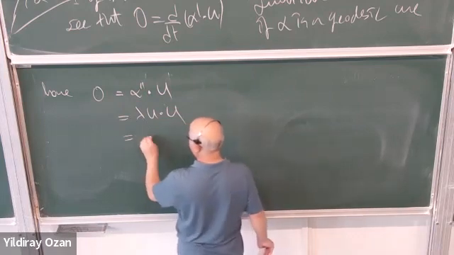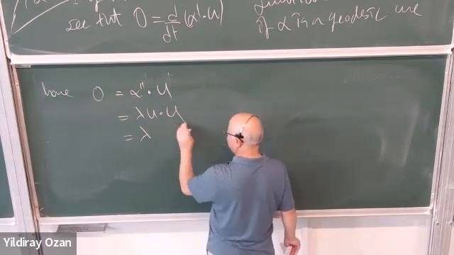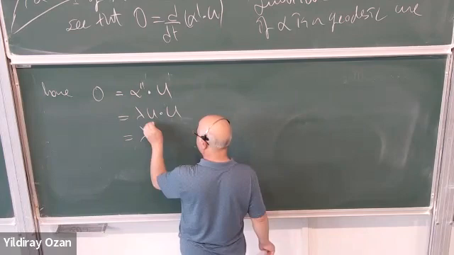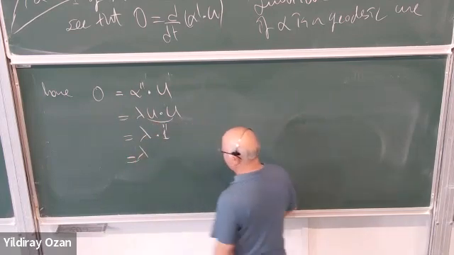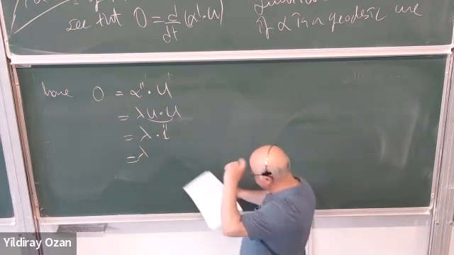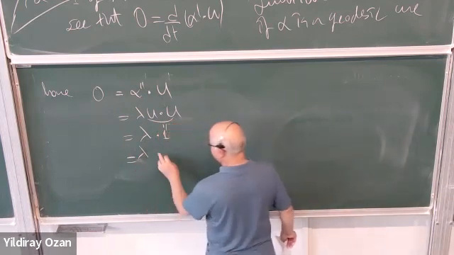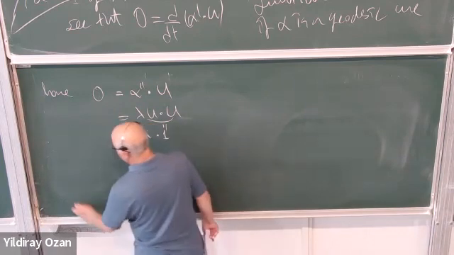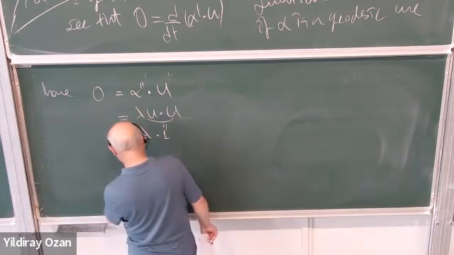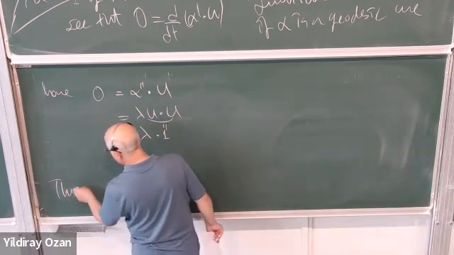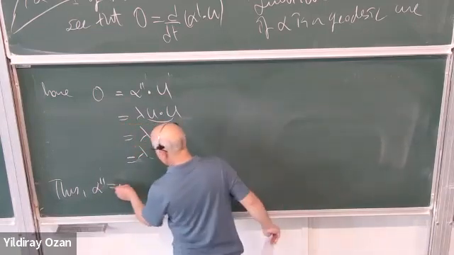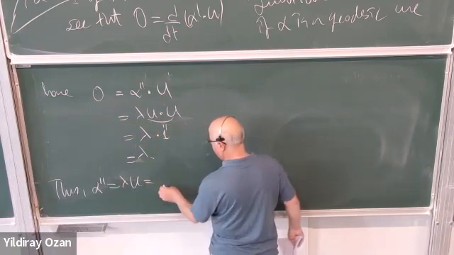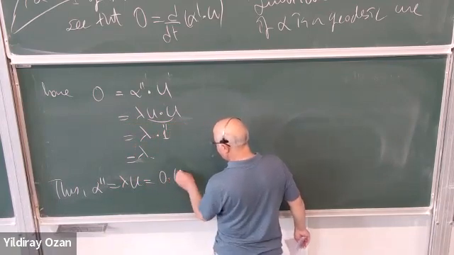So this is just lambda times u dot u. U is a unit normal vector, so this product is just 1. Therefore, we get lambda, meaning that lambda must be 0 as a function. Hence alpha double prime, which is just lambda times u, must be 0 times u, which is 0.